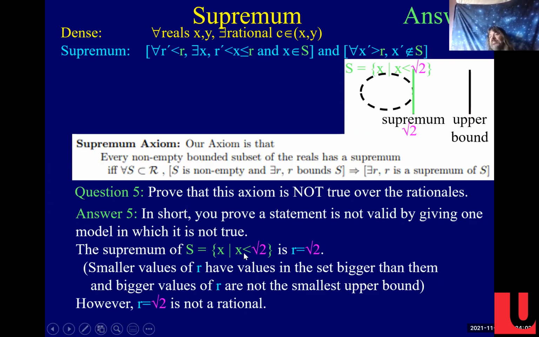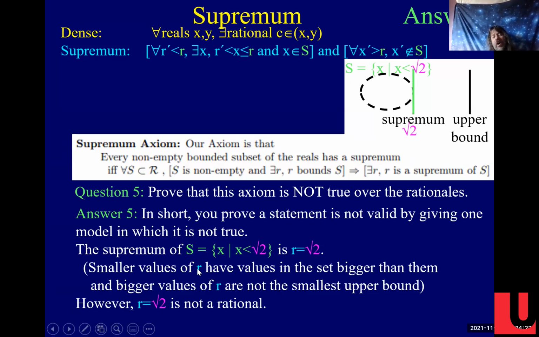Hopefully, people got this set. Here's a set of rational numbers: all rational numbers that are less than the square root of 2. Well, what's the supremum of this? The supremum is going to be the square root of 2. Why?